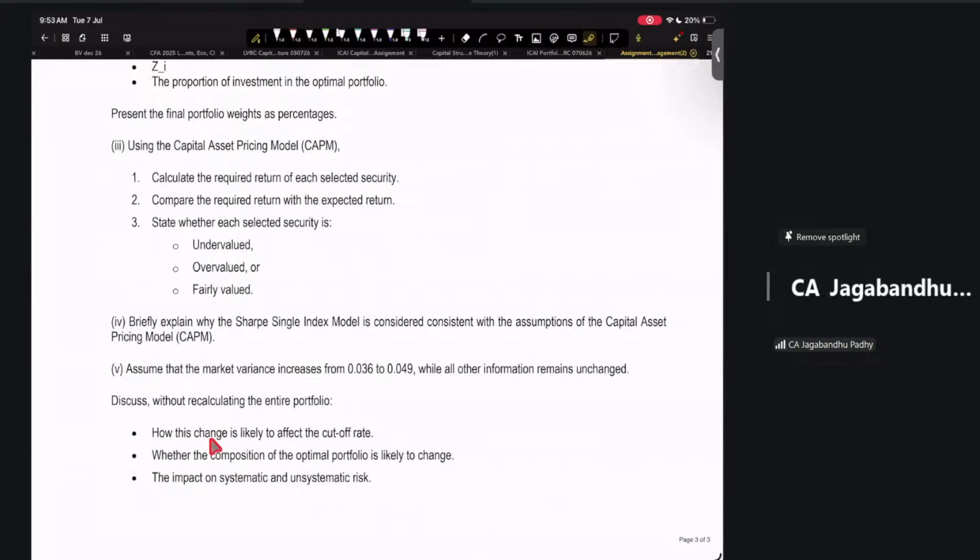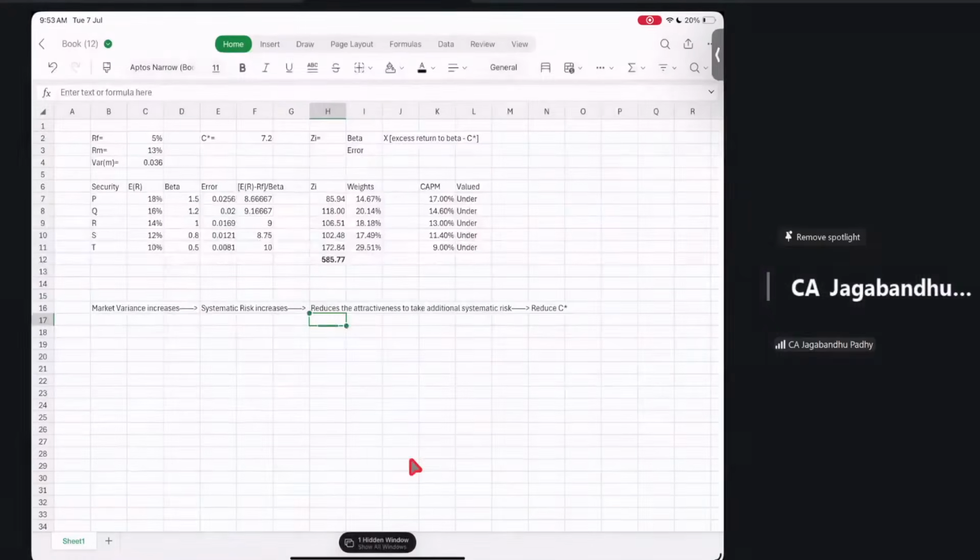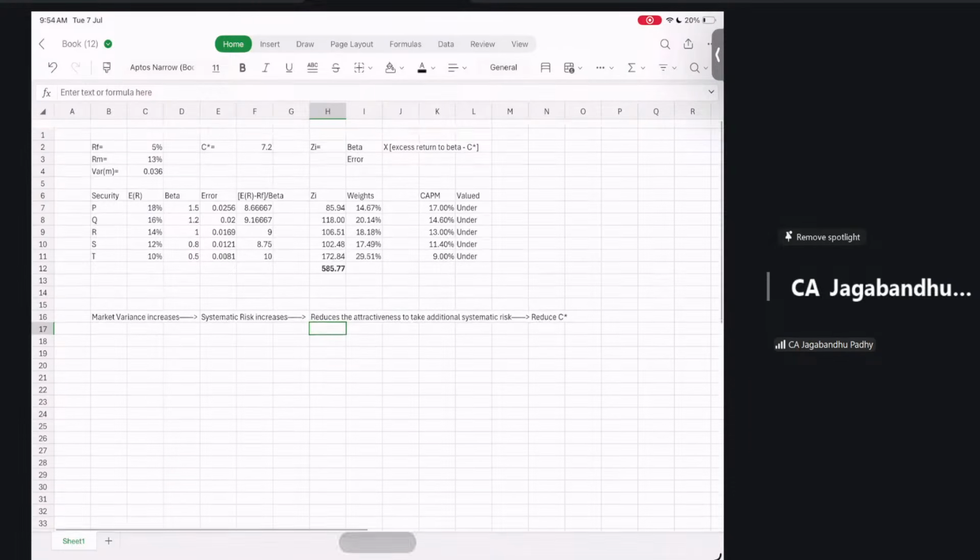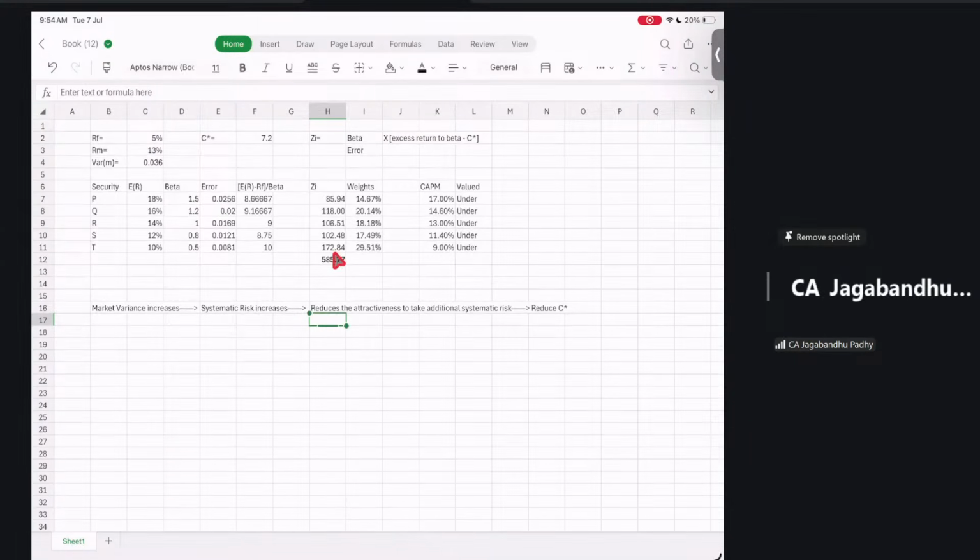Then second part is whether the composition of optimal portfolio is likely to change. So a lower cutoff rate, if your cutoff rate reduces, generally allows more securities to qualify for inclusion.